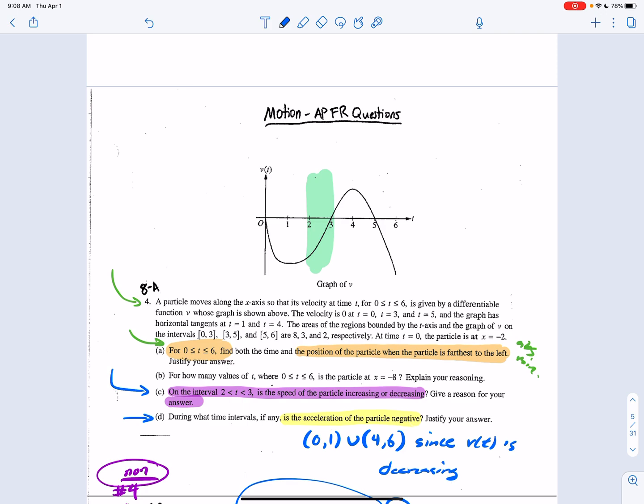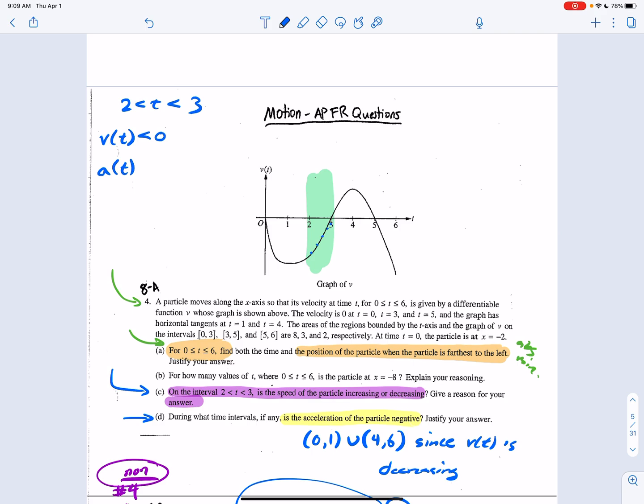In that vicinity, somewhere in between 2 and 3, I know that v of t is definitely negative because it's below the x-axis. It has negative values, right? What's difficult about this is we aren't given acceleration, okay?